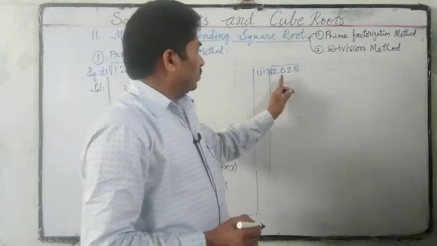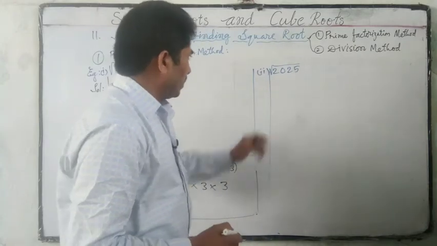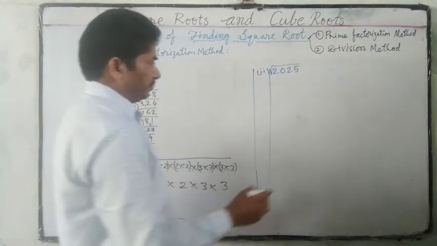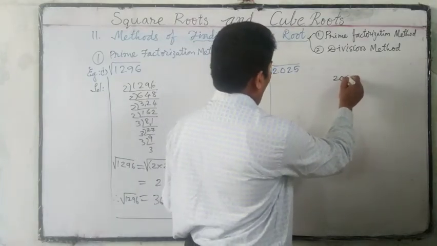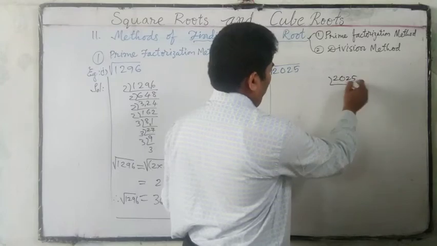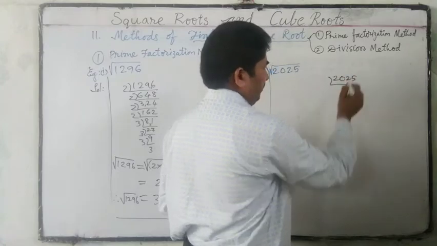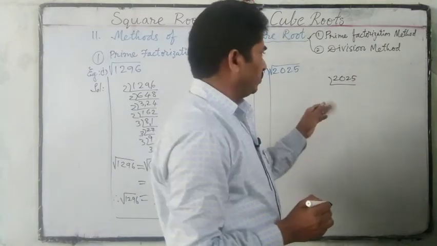Next, square root of 2025. First we have to factorize this. 2025: 2 plus 2 is 4, 4 plus 5 is 9, so it is divisible by 3.